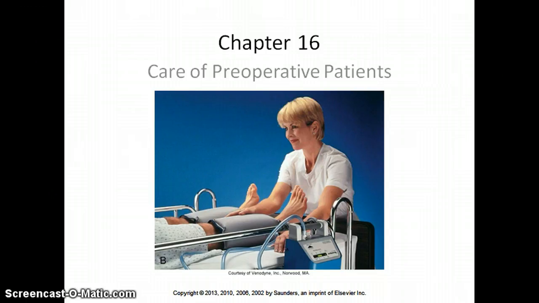Nearly half of all surgical procedures in North America are performed in ambulatory centers. So, with the improvements in surgical techniques and anesthesia, we are able to provide very high quality, very safe surgical procedures in the outpatient or ambulatory setting.